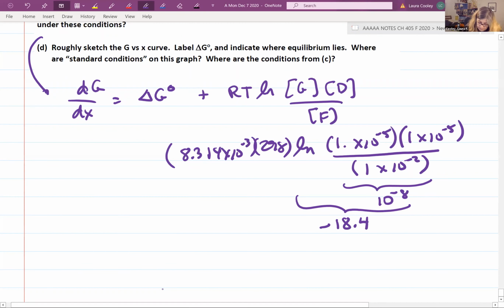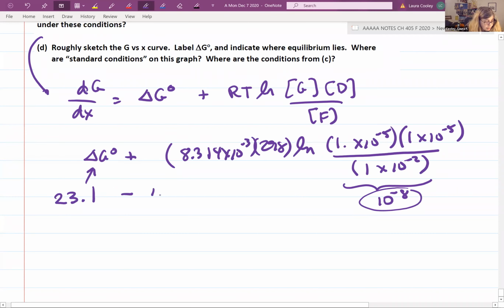So now let me not put that because it's a little confusing. So we have 23.1 for the delta G0 plus this term is negative because the log of this is going to be negative, and it's a big term, 45.63.